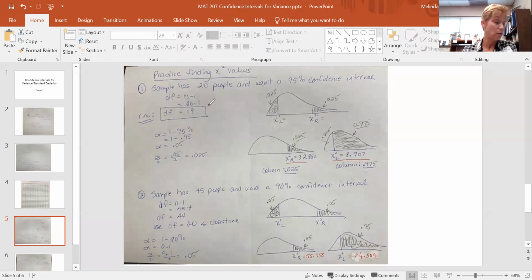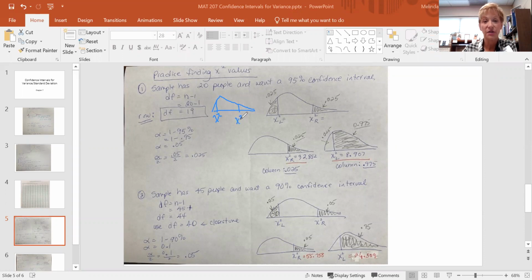All right, so when you look at your steps, your first step tells you to draw the picture. So what do I mean by draw the picture? I mean you draw this picture, and now I want you to put chi-squared here, in that tail, and chi-squared here.